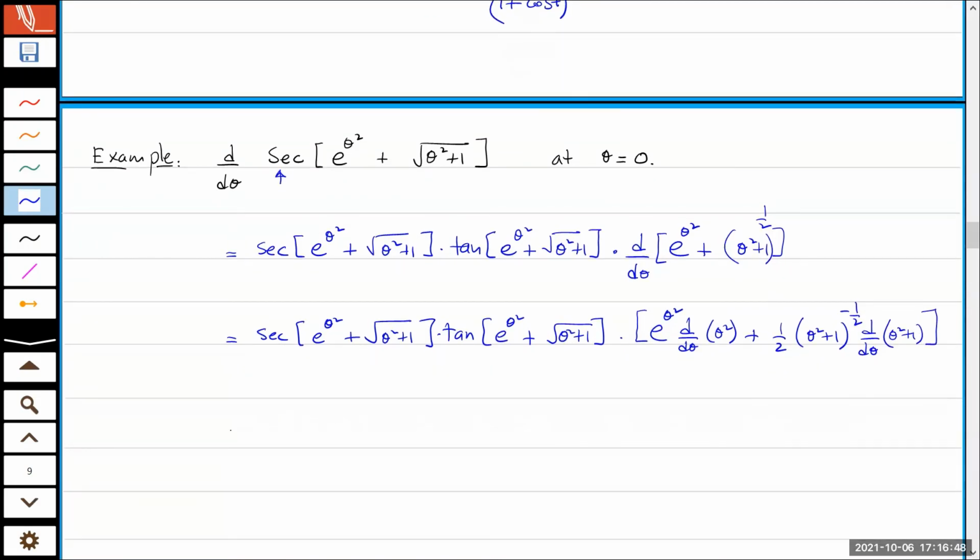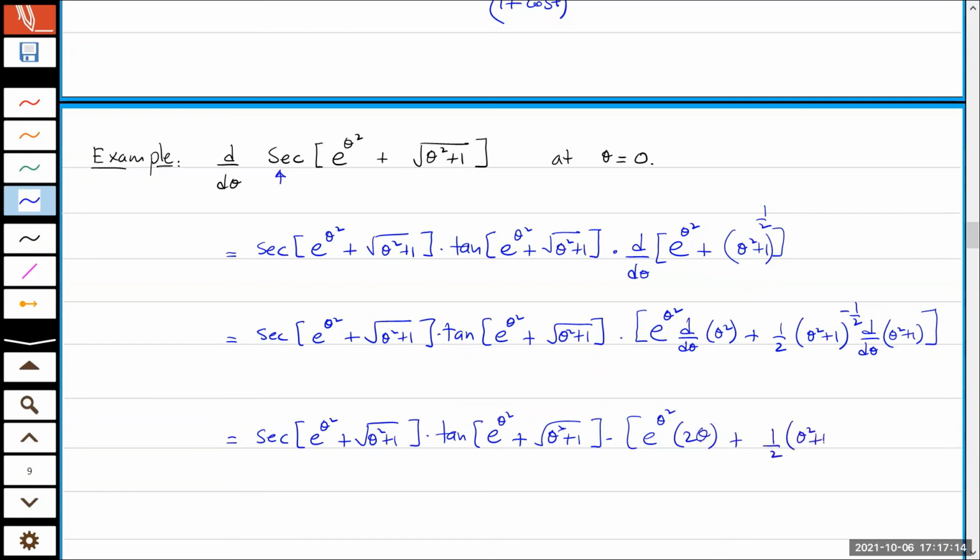I'll write one more step. Secant of theta squared plus 1, tangent of e to the theta squared plus 1 under the root, times e to the theta squared. The derivative of theta squared is 2 theta, plus 1 over 2 times theta squared plus 1 to the negative 1/2.